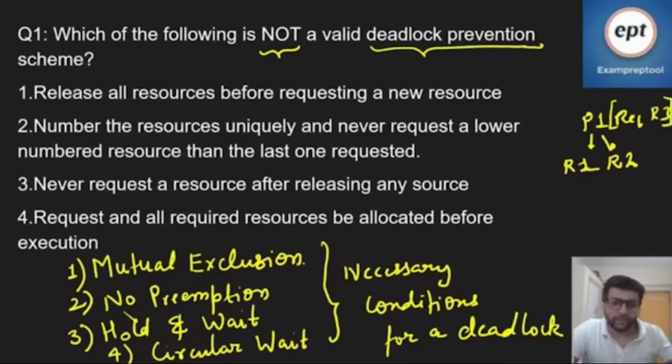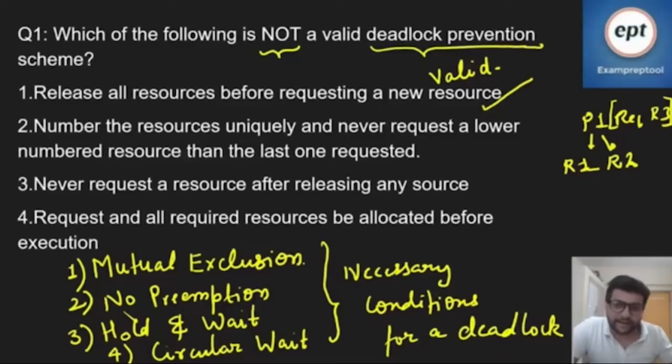If we want to release all the resources before requesting a new resource, we are forcing this process to release all the resources. Hence, we are not allowing the hold and wait condition to be satisfied. Hence, this is a valid deadlock prevention scheme.